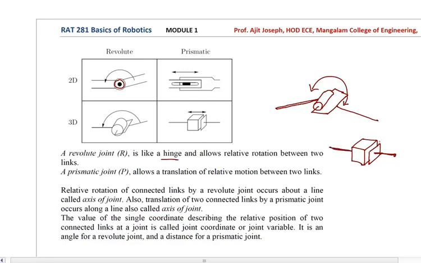So basically this separation is what provides the translatory motion. It's just like this particular face is moving out of the cube. So that is basically a prismatic joint. These are the two main joints, revolute joint and prismatic joint.